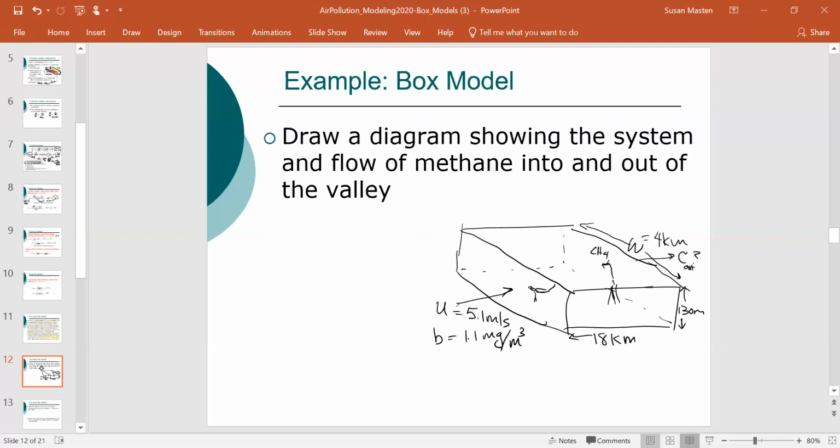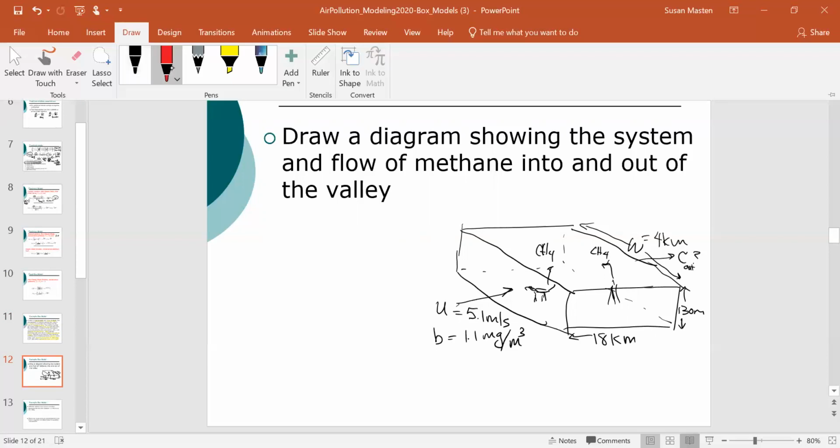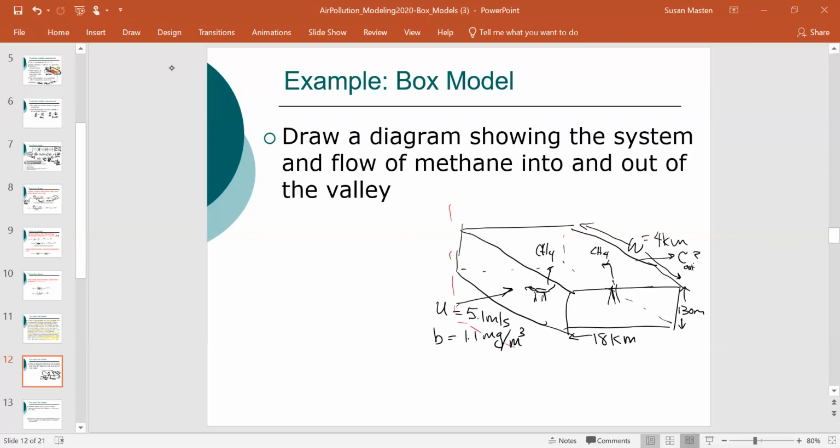Here's my cow, there's a tail. And we have lots of cows. So we have several farms, and that cow is also emitting methane. And I'm going to change the color so we can draw our system boundary. So we're looking at methane in, we're looking at methane out of the cell. And this would be our cell.